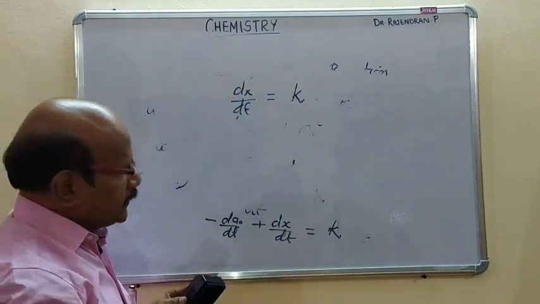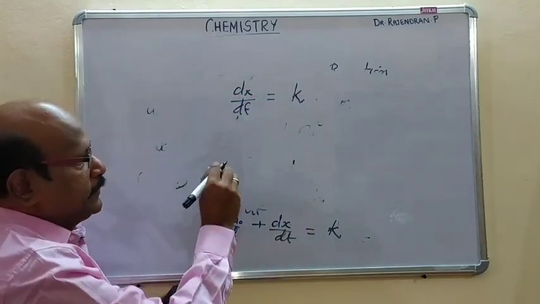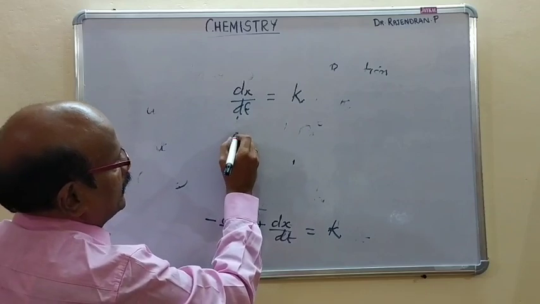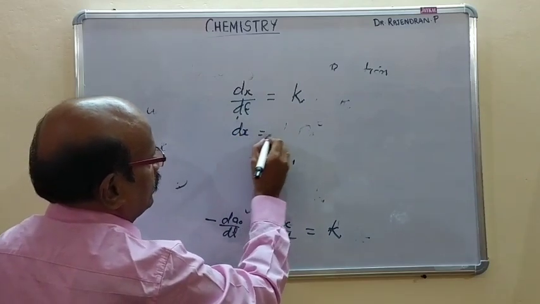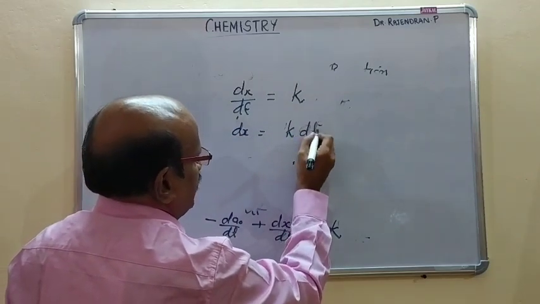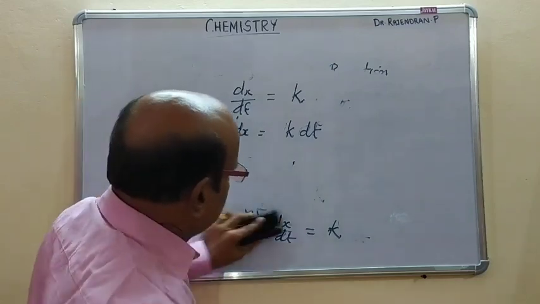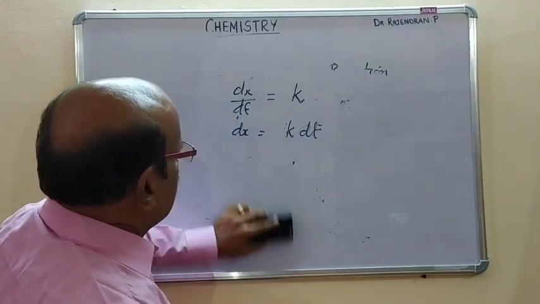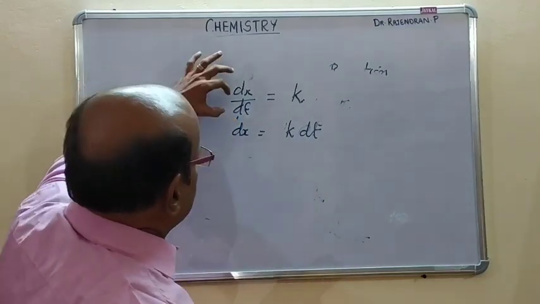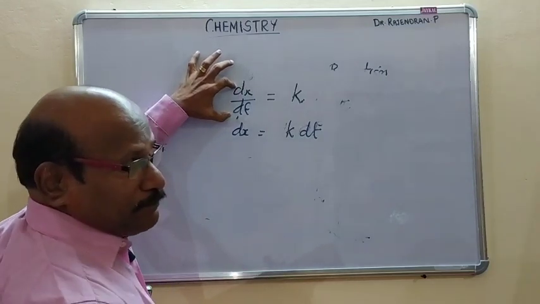Then rearrange this equation. On rearranging, dx is equal to k into dt. All the differential equations are now reduced to this form.